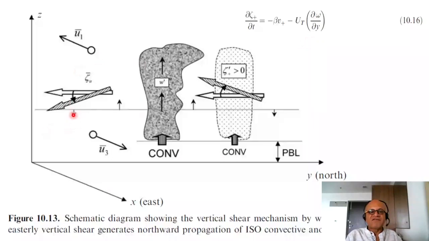So you can see that the vertical velocity is subsiding here, and you have strong convection originating, let's say, in the tropical region, which has strong vertical velocity and has vertical motion around it, and you have the background easterly shear associated with the background monsoon circulation, the low latitude westerly jet and the upper easterly jet.